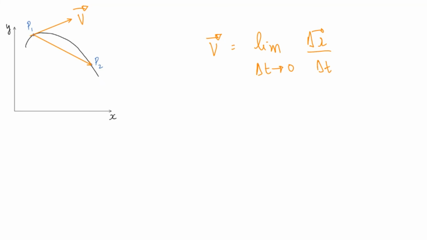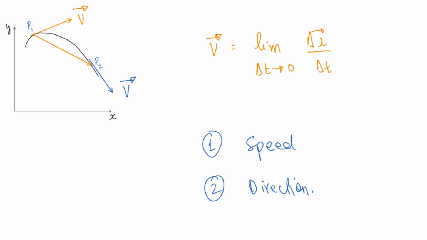Similarly at point 2 this arrow will tell you the direction of the velocity vector, and the length of the velocity vector will tell you the magnitude of the instantaneous speed of the body. So we can find two things from the velocity vector: the first one, the instantaneous speed, and the second one, the direction.